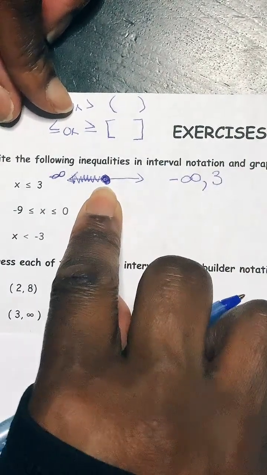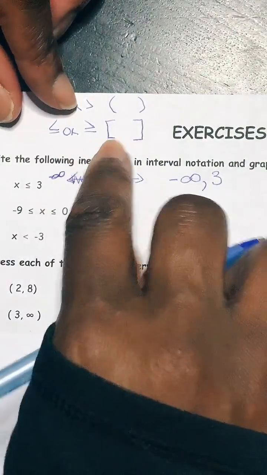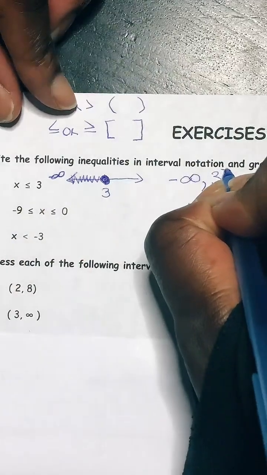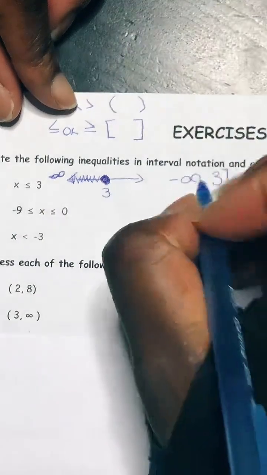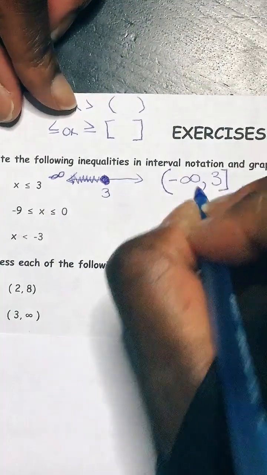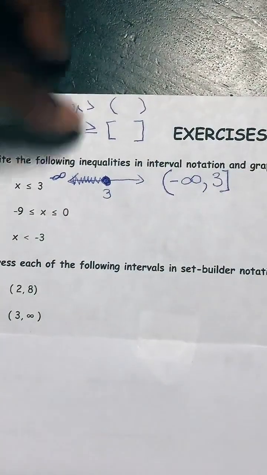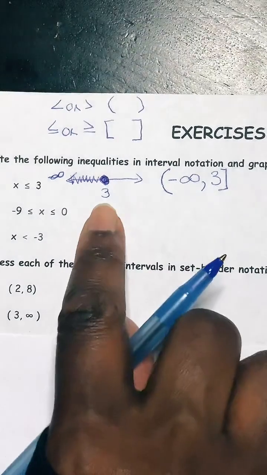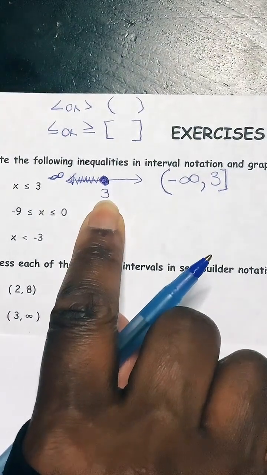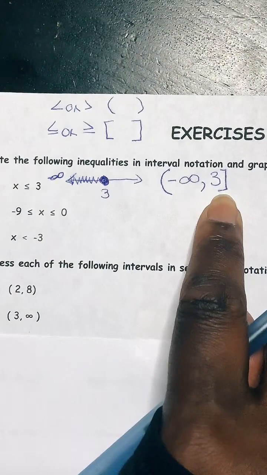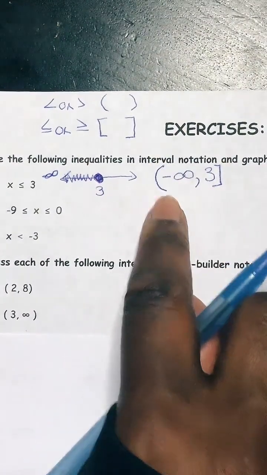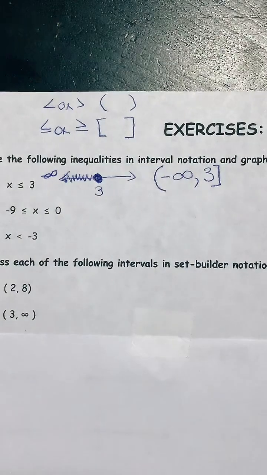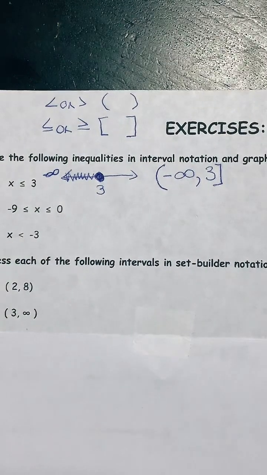And since it's closed, because it was equal to, we put a bracket around the 3 and then a parenthesis around infinity. Because it's going to stop and include 3. That's why we got the bracket. Infinity knows no bounds, so that's why it has the parenthesis. Okay.